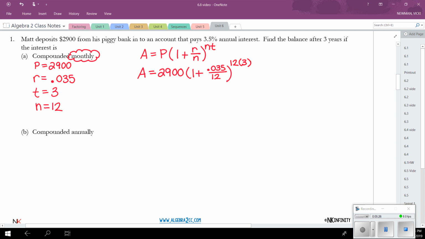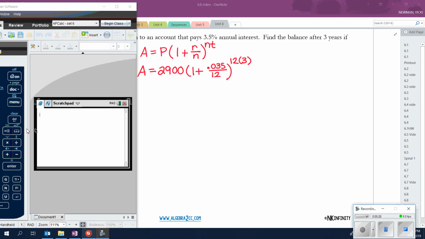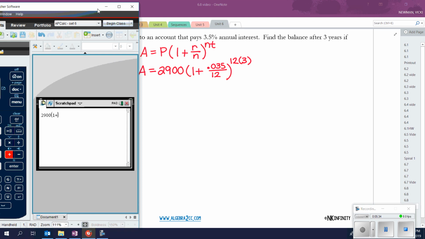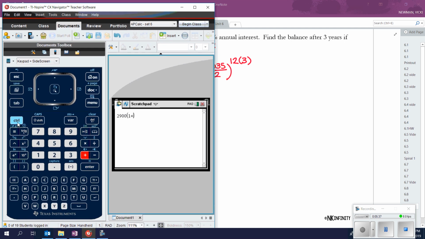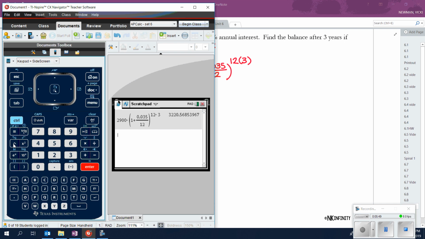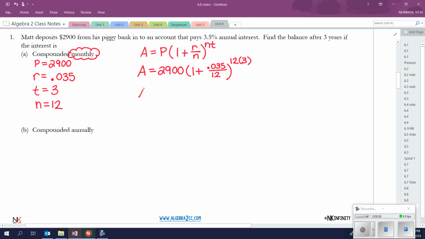So we're going to go to our fancy calculator. 2,900, parentheses 1 plus, so I have to make this bigger here, control divide, 0.035 divided by 12, raised to the 12 times 3. So $3,220.57. They didn't give me rounding directions, but they didn't have to because it's money. Money is always two decimal places.